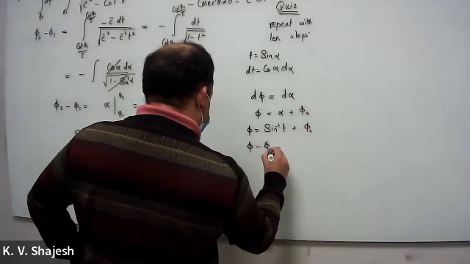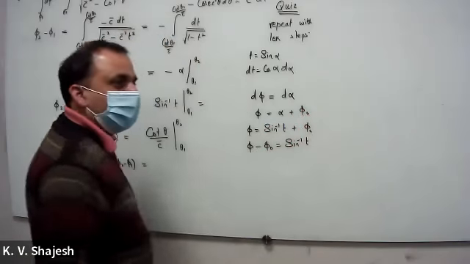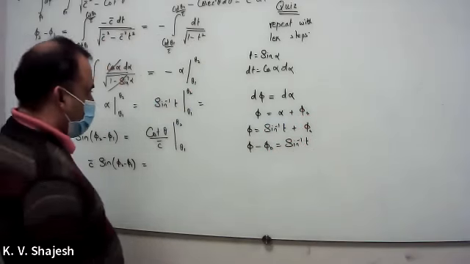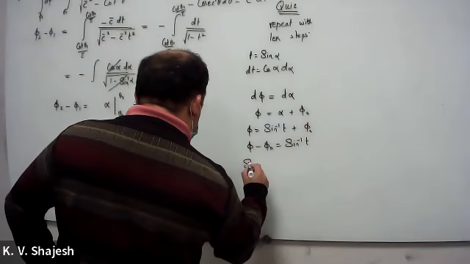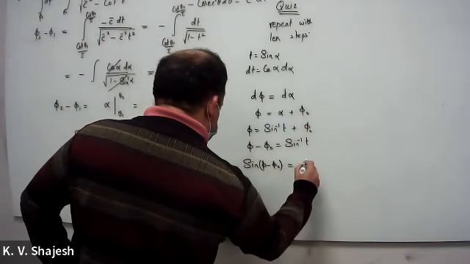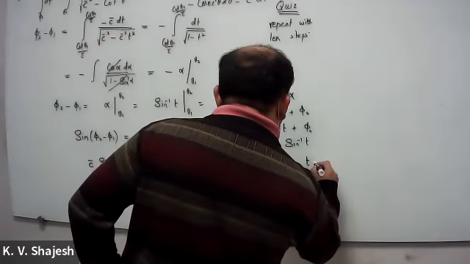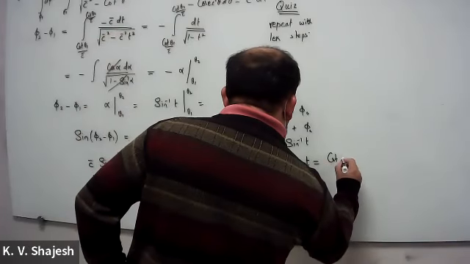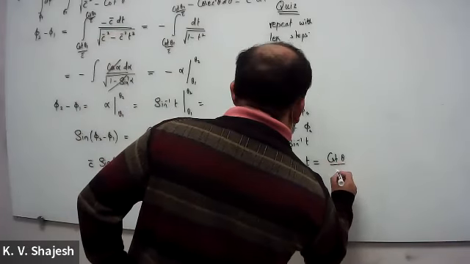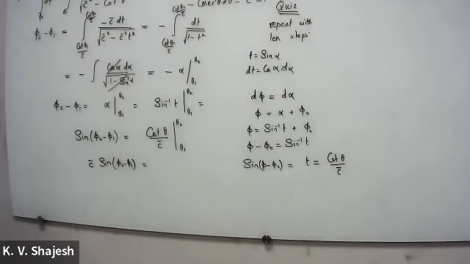Phi minus phi naught is equal to sine inverse of t. That should be okay. And then I say that sine of phi minus phi naught is equal to t, where t is cotangent theta over c bar. I think that's better. Does that answer your question?